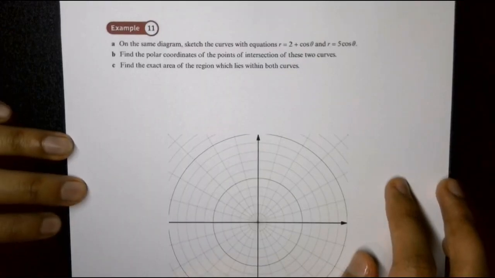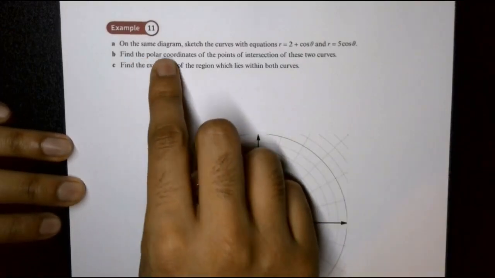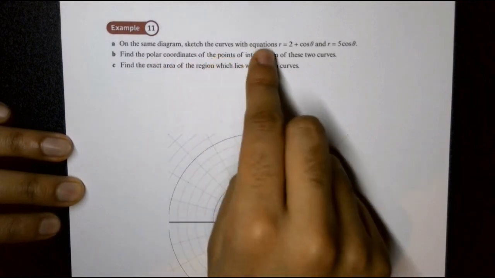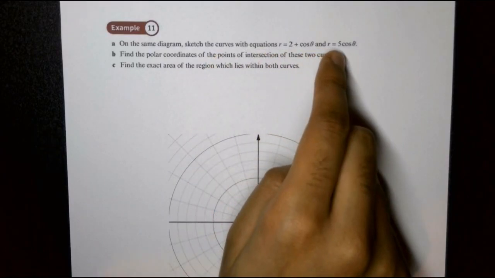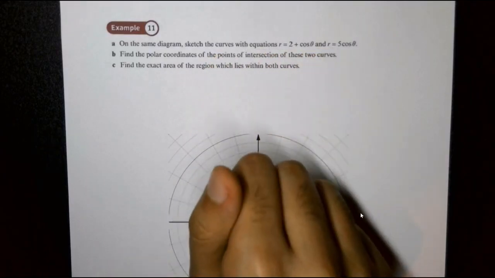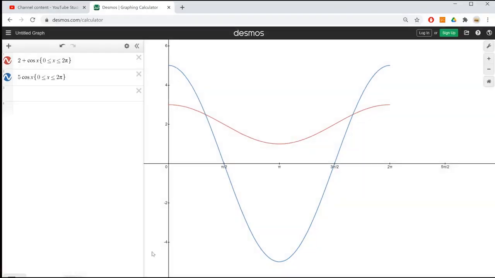Example number 11. For part A on the same diagram, we have to sketch the curves with equations r equals 2 plus cos theta and r equals 5 cos theta. Now, the first thing we can do, if we go to Desmos and just quickly show those sketches, I'll show the one in red first, which is 2 plus cos theta.